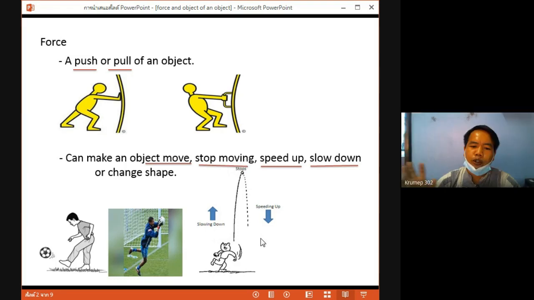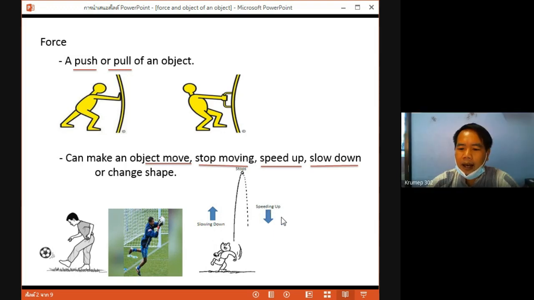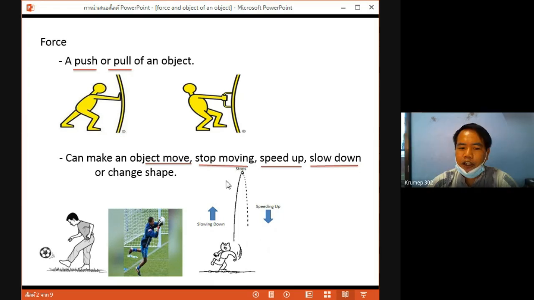If you throw the ball up, and then the stone comes down, it will become fast. So it is speeding up. Understand? Okay.